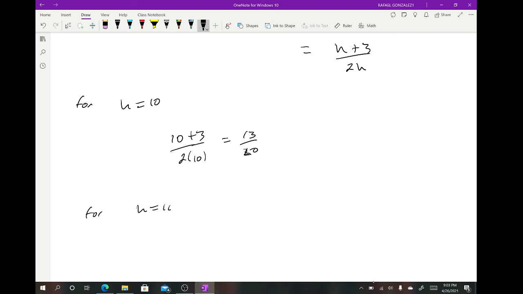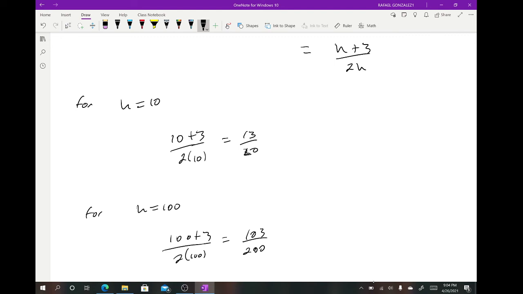Let's say for n equals 100, we have 100 plus 3 divided by 2 times 100. So that is equal to 103 divided by 200, and so on. So that's why I said you could do the case for the 10,000 and 1,000. It's not that difficult.